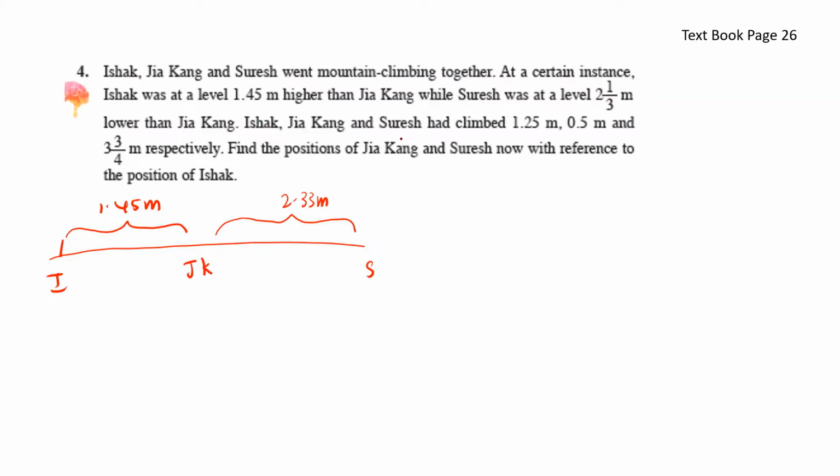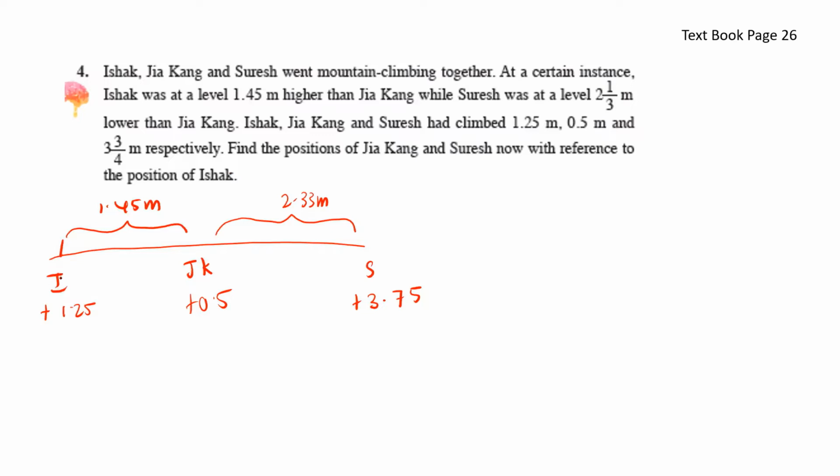Ishak, Jiakang, and Suresh had climbed 1.25 meters, 0.5 and 33/4 meters respectively. So we have Ishak plus 1.25, Jiakang plus 0.5, Suresh plus 3.75. Find the positions of Jiakang and Suresh now with reference to the position of Ishak.